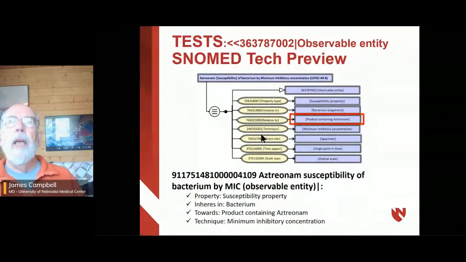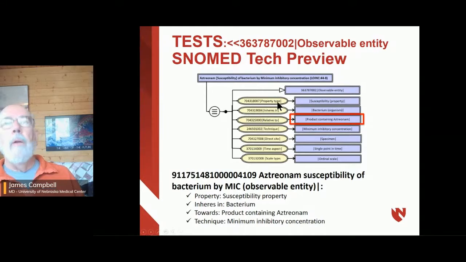Susceptibility is checking whether or not a particular bacterium is sensitive to a particular antibiotic. And in SNOMED CT, we have all of our laboratory tests encoded in the observable entities concept model. And so here you see, for example, the definition of the test for the aztreonam susceptibility by MIC of a bacterium.